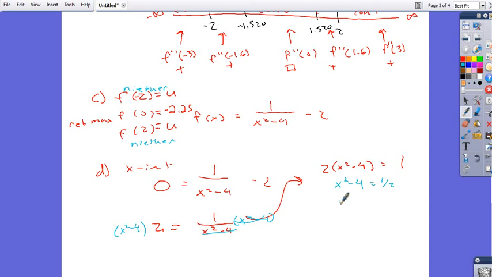And then add. You get x squared equals, that would be 8 over 2 when you add it, so 9 over 2. So x equals, you square root both sides, plus or minus 3 over the square root of 2. You don't have to rationalize this. Just leave it alone. You can write the approximate value if you want, but you don't have to.